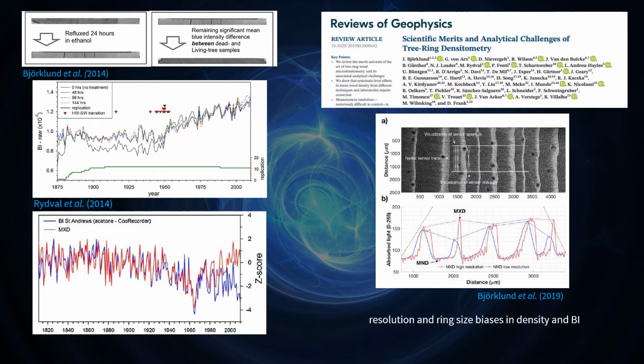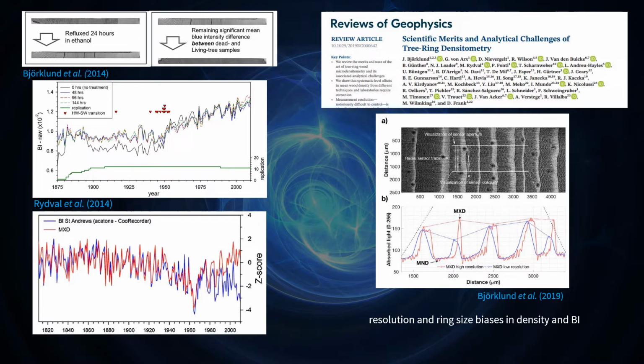Another issue is related to resolution, and with density data sets as well as blue intensity, what we see is that we essentially do not really have adequate sensors to capture the density profile of rings very accurately, particularly when they are very narrow.